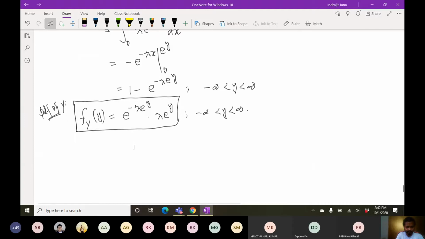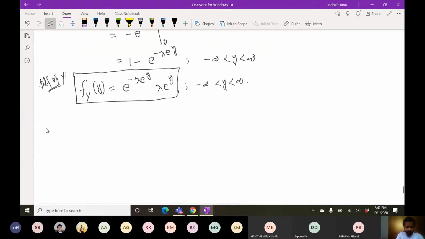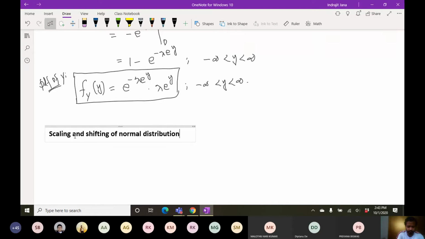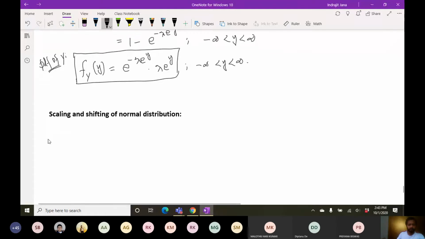This is not a topic. This is some sort of observation, which is scaling and shifting of normal distribution. Suppose x follows normal 0, 1.